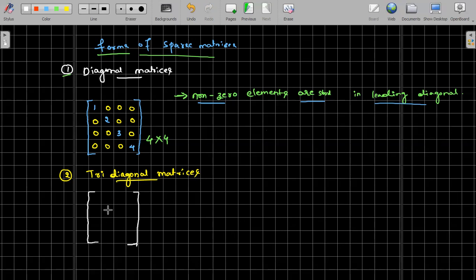In this, we can see very clearly that non-zero elements are placed on, below, or above the leading diagonal.